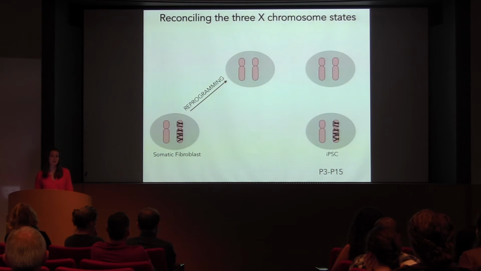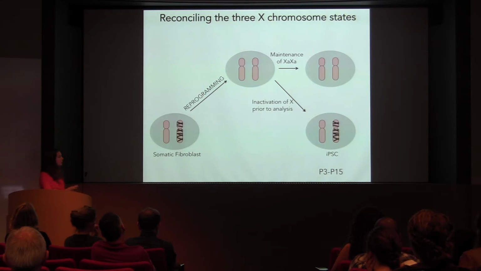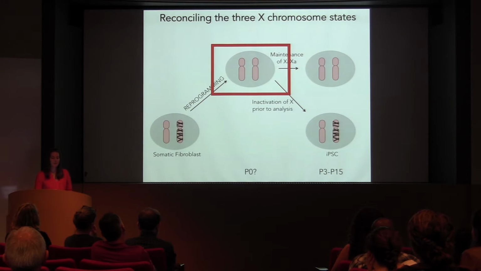So it seemed to suggest to me that we had to reach a state where we have 2 active X chromosomes, and then perhaps over time, even as short as those 3 passages, we either inactivate the X chromosome before the cells were even looked at, or you're able to maintain this state until those cells were looked at. So I focused my PhD on trying to understand what's happening immediately after reprogramming, as early as passage 0, before cells have been in culture for any period of time.